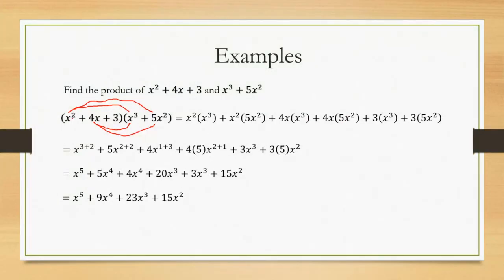Right, so again, we're multiplying each term from the first polynomial with each term from the second. x squared times each term, 4x times each term. And finally, for 3, we have 3 times x cubed over here. Then we get 3 times 5x squared. And now we multiply using what we saw in the first slide.